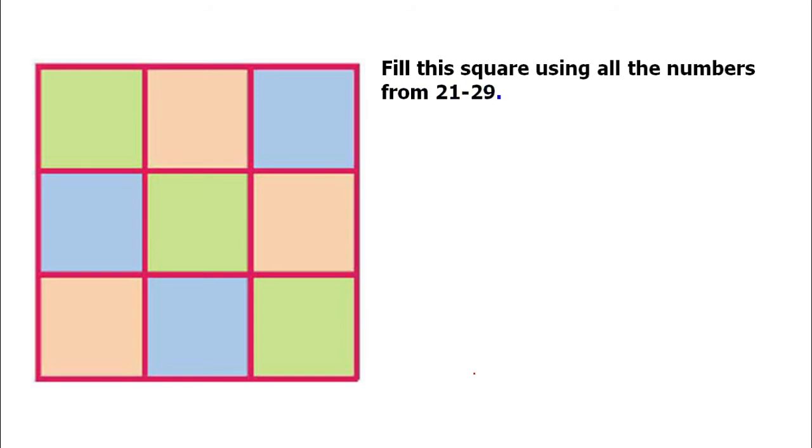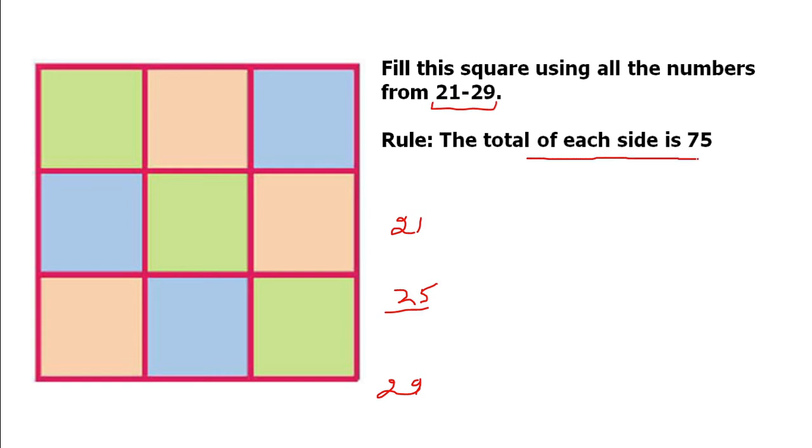Fill this square using all the numbers from 21 to 29. In between 25. Okay. So what is the rule? The total of each side should be 75.